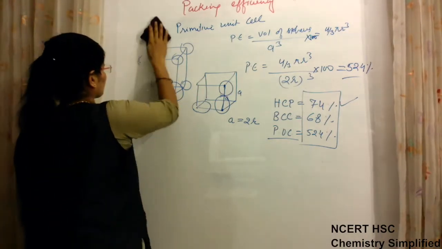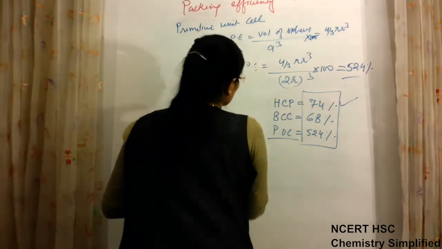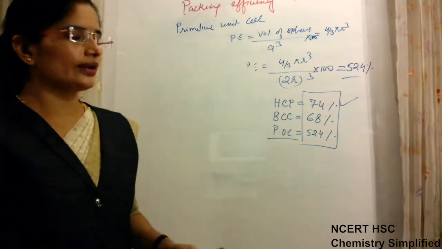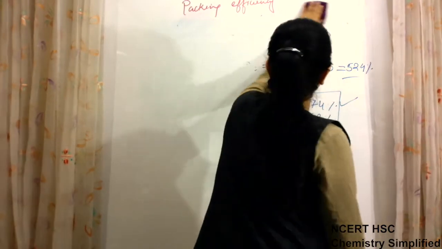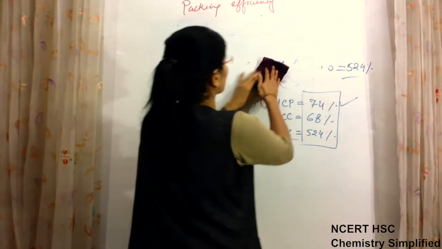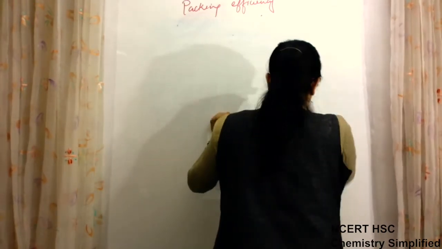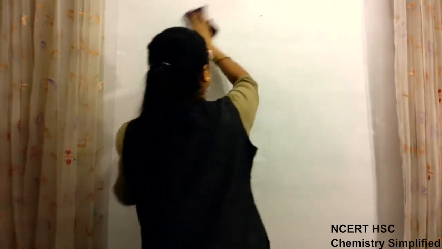So in case of packing efficiency, I just told you that the only important things are the formulas we obtained for radius and for a, and also the direct values of packing efficiency, how efficient that packing is. Now apart from this, there is one important formula in this chapter which is used.